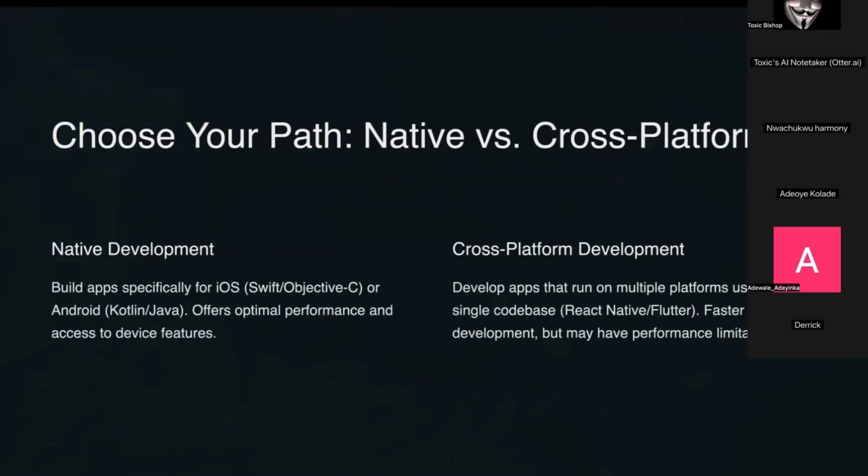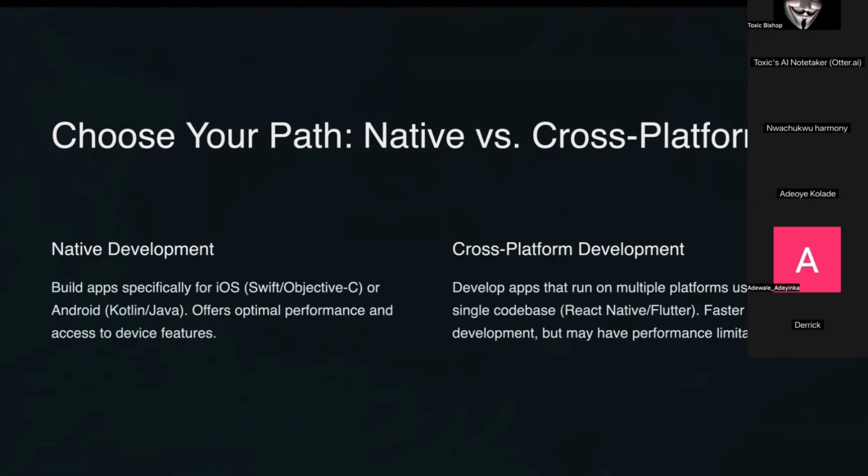The next one, I'm sure the other speaker touched on this: in mobile app development, we have native and then there's cross-platform. For native, you can build apps specifically for iOS or Android. For iOS, you can use Swift or Objective-C, and for Android, you can use either Kotlin or Java.